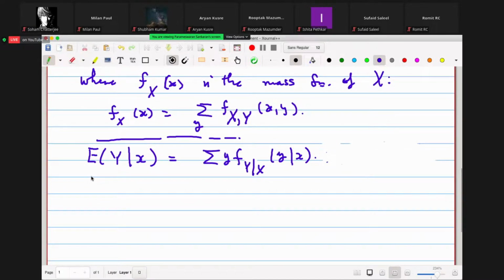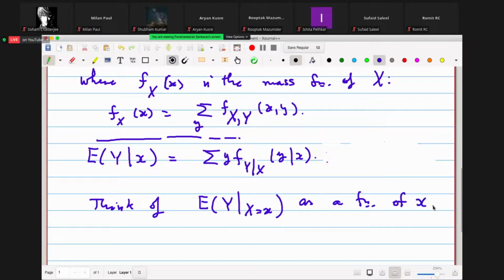And the idea is, think of the expectation of Y given X equals x as a function of x. This is what I was saying at the end of my last talk, as a function of x.